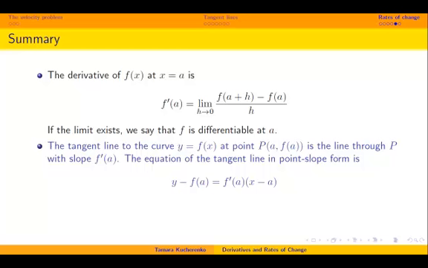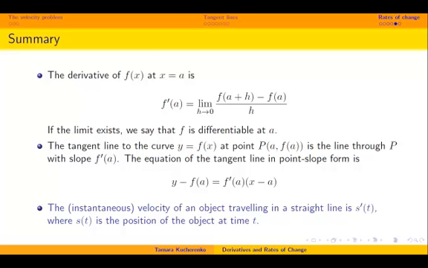The equation of the tangent line in point-slope form is y minus f of a equals f prime of a times x minus a. The instantaneous velocity of an object traveling in a straight line is s prime of t, where s of t is the position of the object at time t.